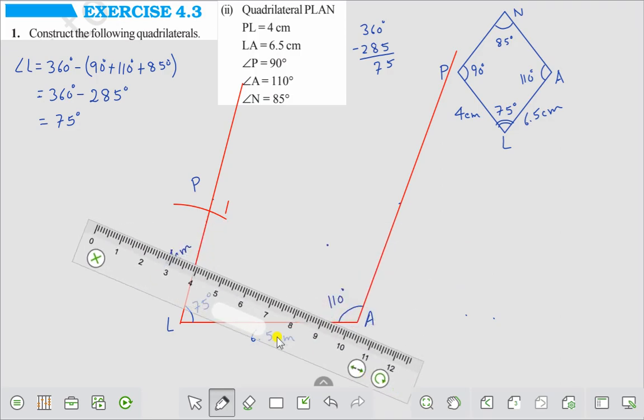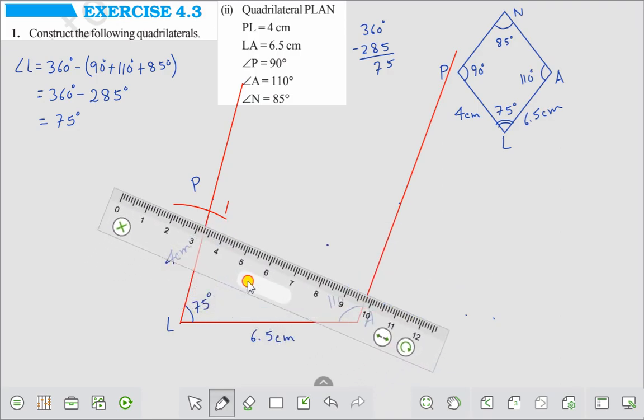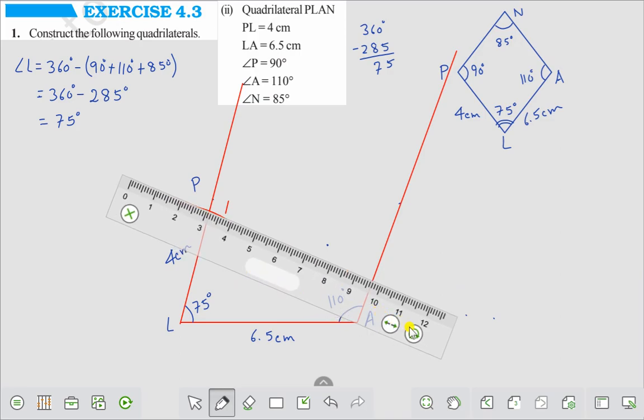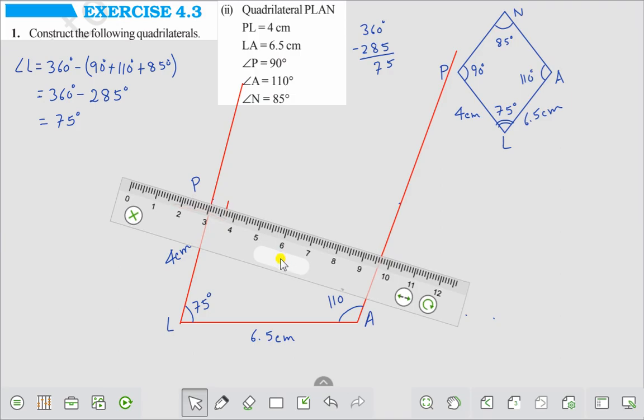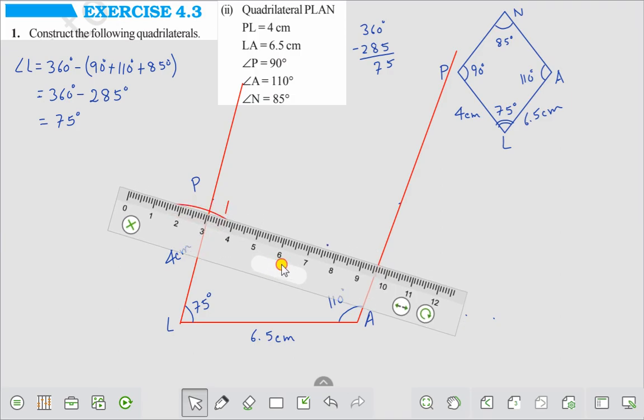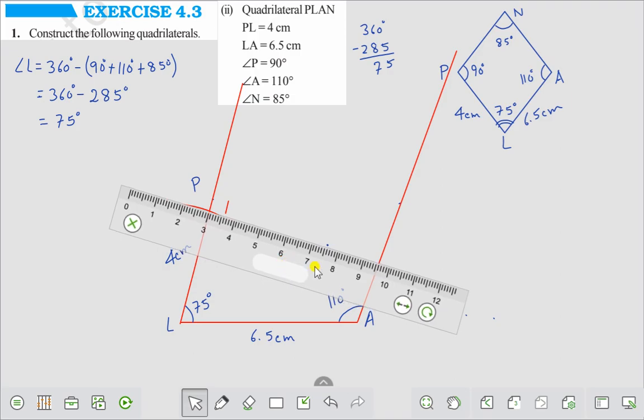Let us make 90 degree, and you will get the required quadrilateral. Let us take this one at point P. Right.